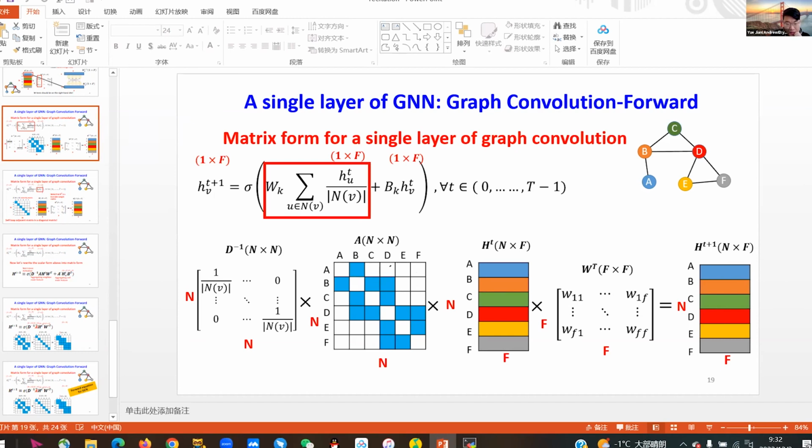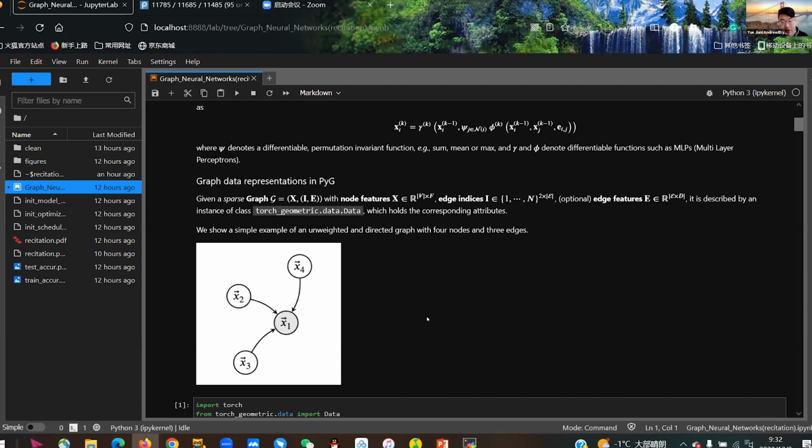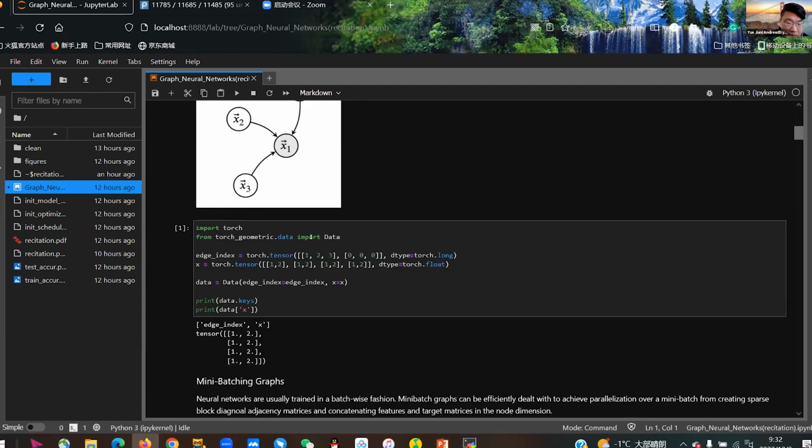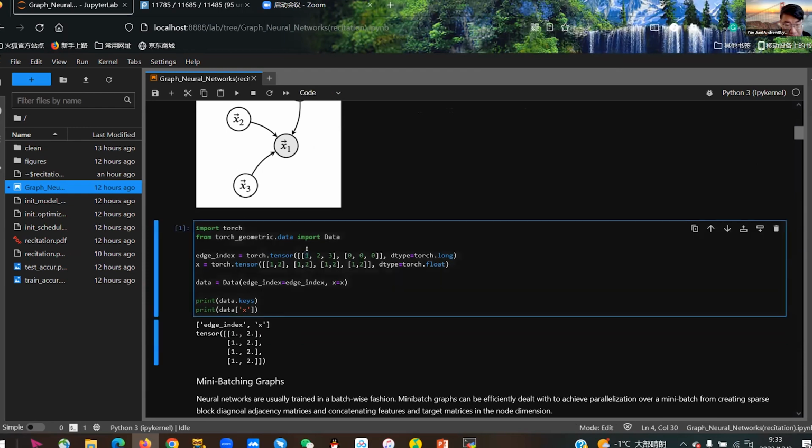the connectivity of the graph. So usually in PyTorch Geometric, the way it stores the graph is it only uses the connectivity between the different nodes.